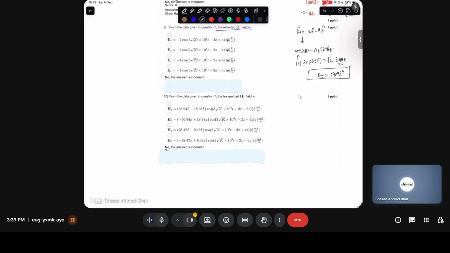The reflection coefficient for oblique incidence is basically eta t cos of theta I minus eta I cos of theta t divided by eta t cos of theta I plus eta I cos of theta t.